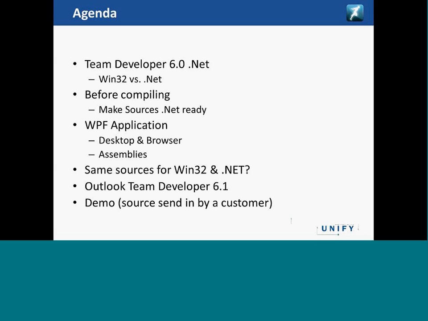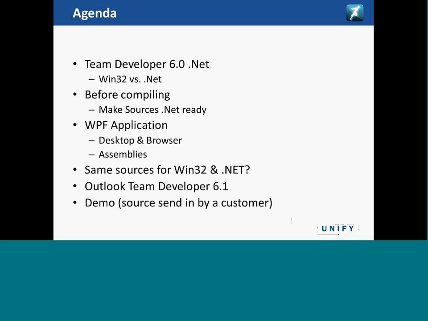At least we have SAL sources, SAL application language from Team Developer, and this is really the same source if you compile to .NET, or if you want to stay with Win32, or if you want to mix it. Then I want to give you a short overview about Team Developer 6.1 and a demo source from a customer. I want to show the steps to get this application running on .NET.